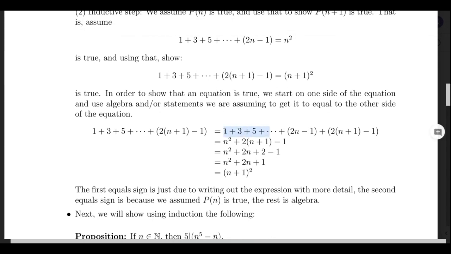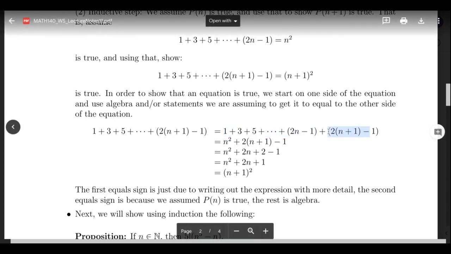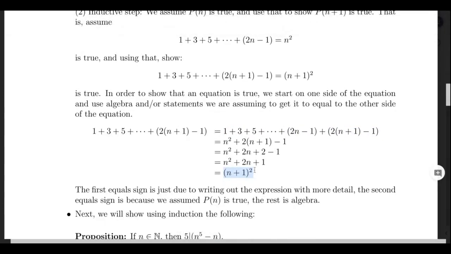So 1 plus 3 plus up to 2n minus 1 is the first n odd natural numbers. Then we add one more, the n plus 1th odd natural number, which has the representation 2 of n plus 1 minus 1. Then we simplify, and in the end we have n plus 1 squared.